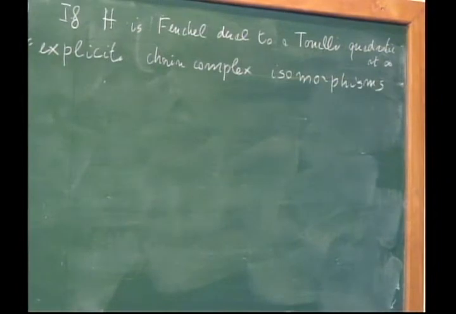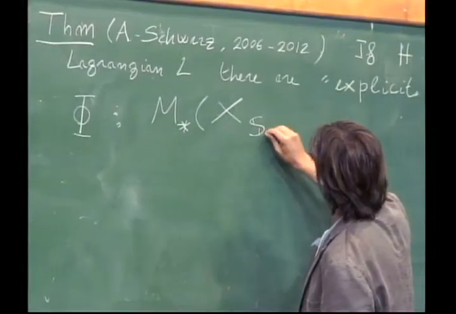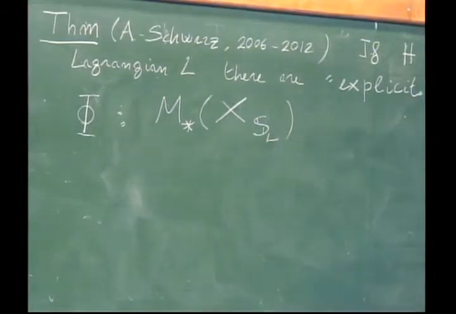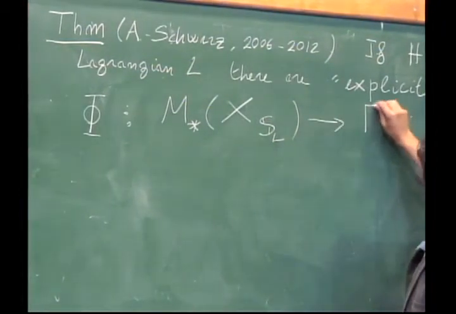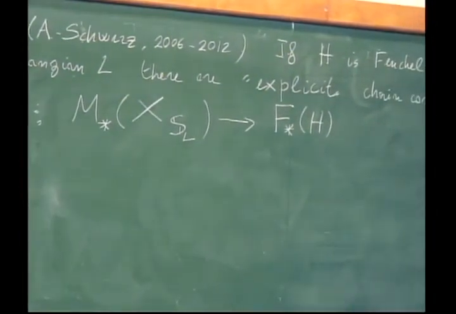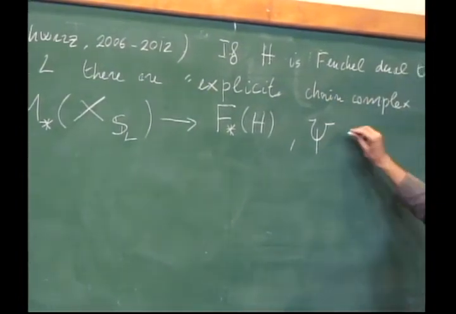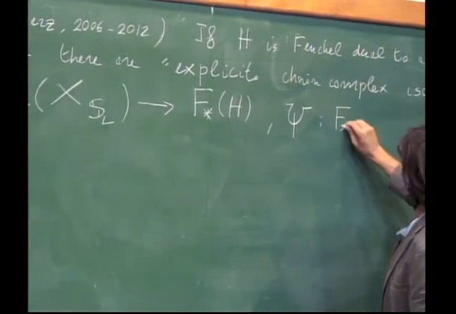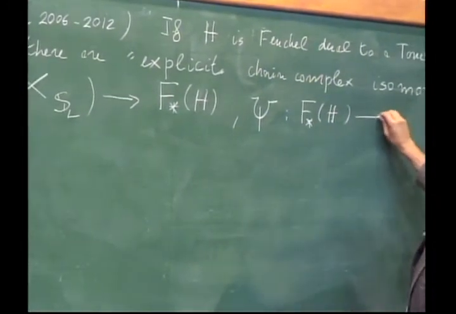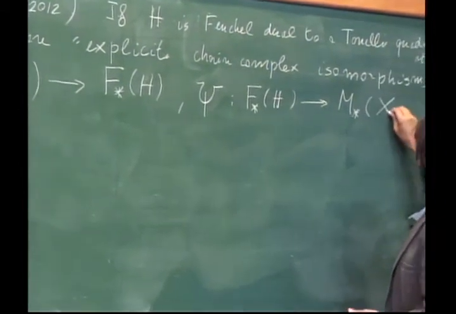One is, let's call it phi. It goes from the Morse complex of this pseudo-gradient vector field, which is associated to the Lagrangian action function, to the Floer complex of H. And the other one, I'll call it psi, goes the other way around: F_*(H) into M_*(X_S^L).